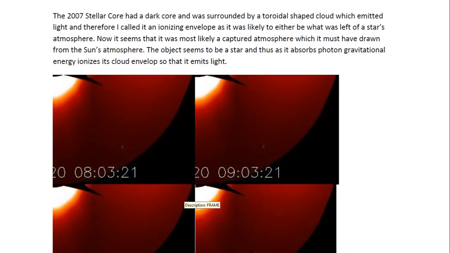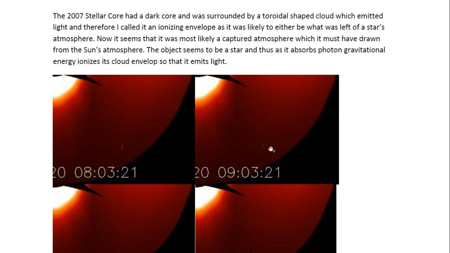And therefore I called it an ionizing envelope, as it was likely to be what was left of the star's atmosphere, or it was a gained atmosphere. Well, at the time I thought it was part of what was left. Now, it seems that it is most likely a captured atmosphere, because we see these objects drawing that atmosphere from the sun's corona. And this object seems to be a star.